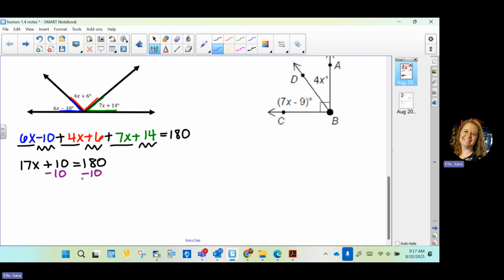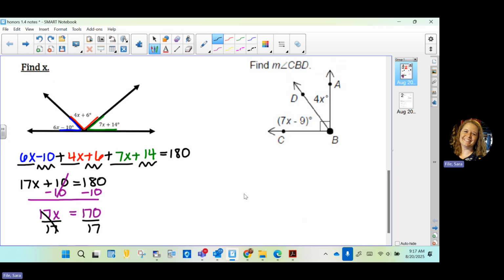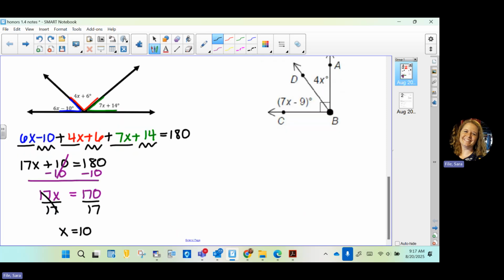What you do to one side, you do to the other. Opposite operation again. Did they ask me to solve for x or for one of the angles? X, so I'm done.